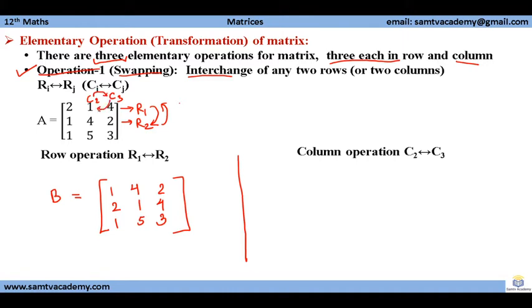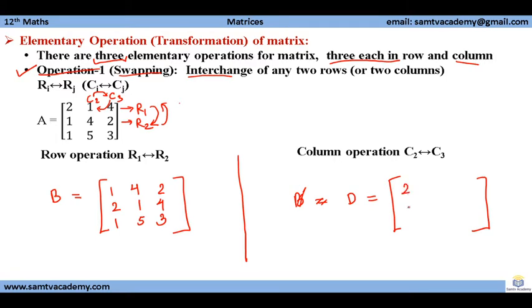Now suppose the new matrix is B dash, no, we will not write that, we will write it as only C, because B dash means transpose, so we can't take this. So suppose that matrix is D. We have to write the first column as it is because no operation is performed on it.